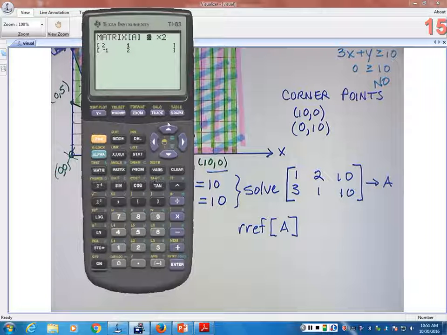We'll make A into a 2x3 matrix and put the entries in.